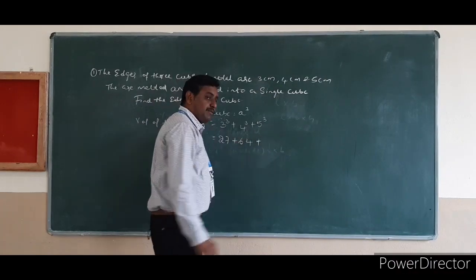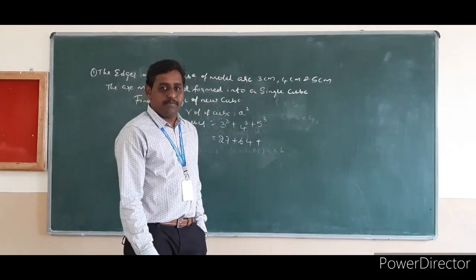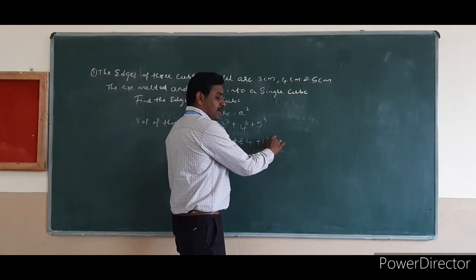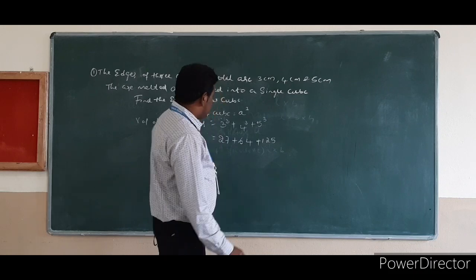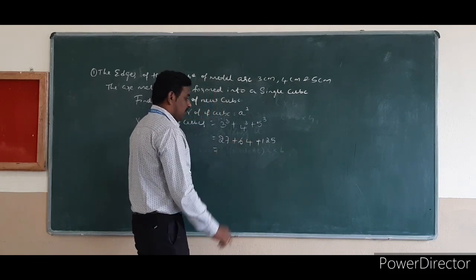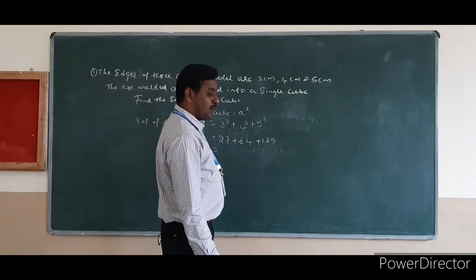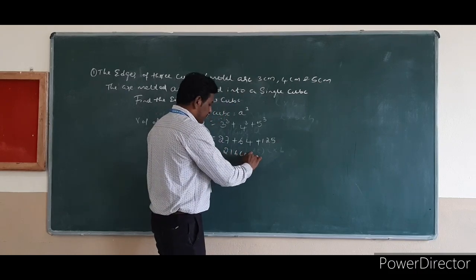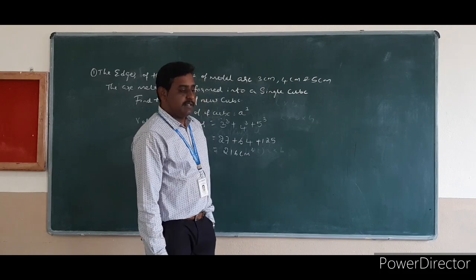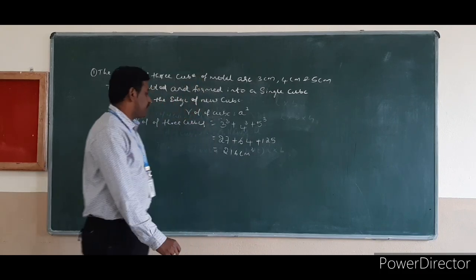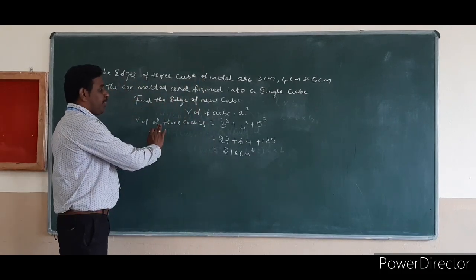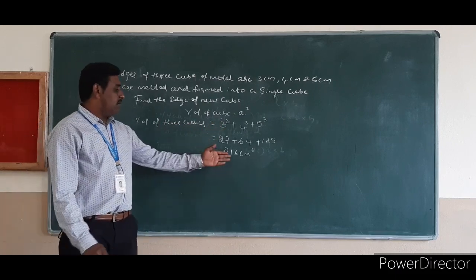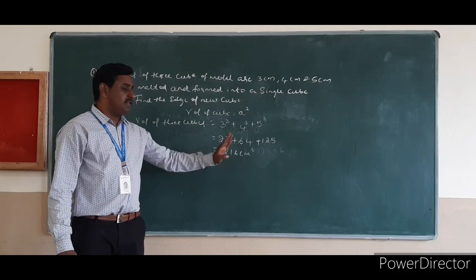Plus 5 cube: 5 5s are 25, 25 into 5 is 125. If you add all those, you will get 216 centimeter cube. After adding the volumes of the 3 cubes, the volume is equal to 216.